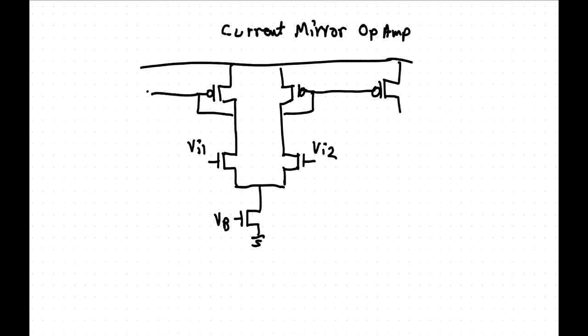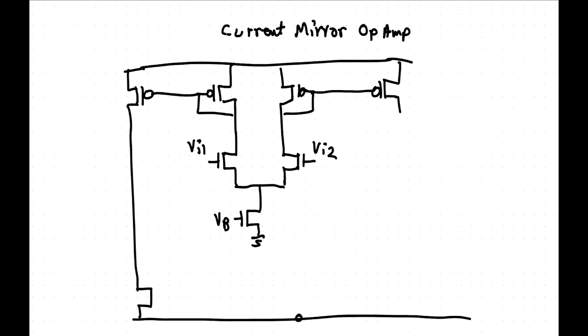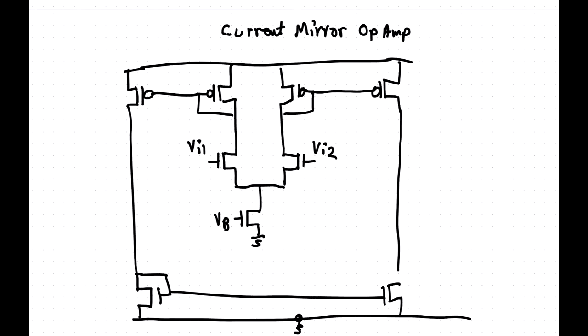Like that, a current mirror over here, another current mirror down here. This is probably ground, VSS, whatever you want to call it. Okay, so that's the op-amp.